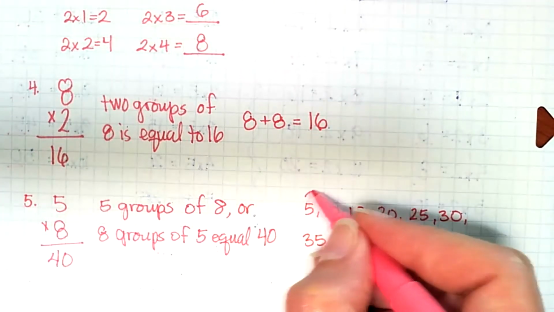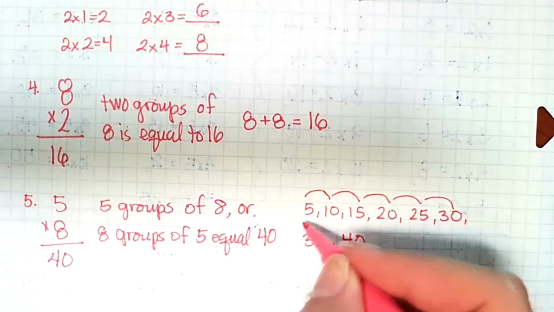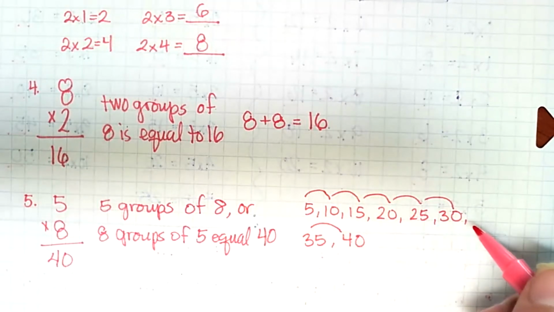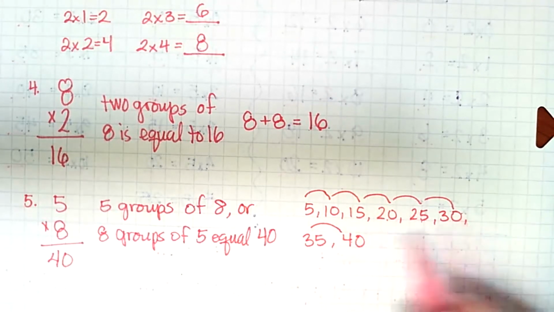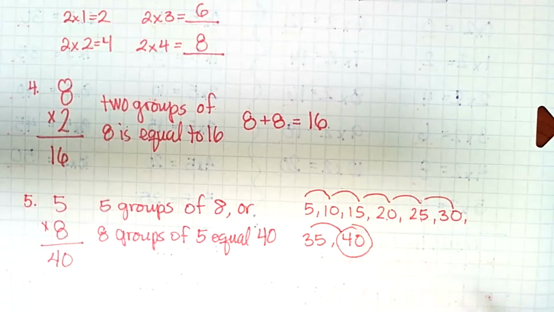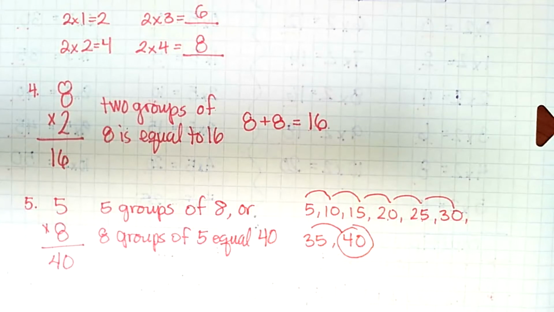So this was 1, 2, 3, 4, 5, 6, 7, 8. So we know that our answer is going to be 40 because we skip counted by 5s 8 times.